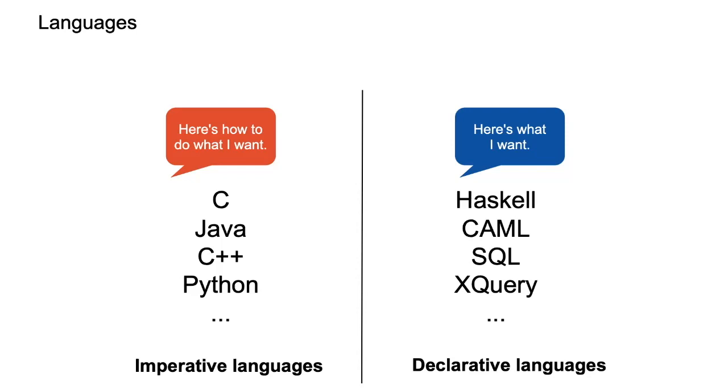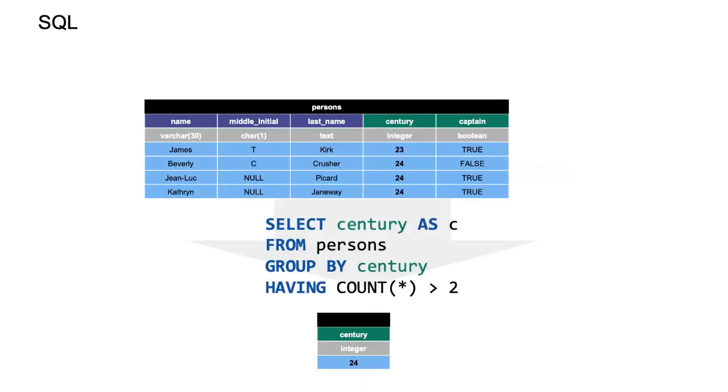Python is an imperative language. It's much more difficult to optimize automatically than SQL. So by using a declarative language when you query data, you are basically doing yourself a favor because it's going to be magically fast, especially with indices, as we saw. It's going to be magically fast because the database management system is going to make it fast for you, right? So that's the benefit of a declarative language.